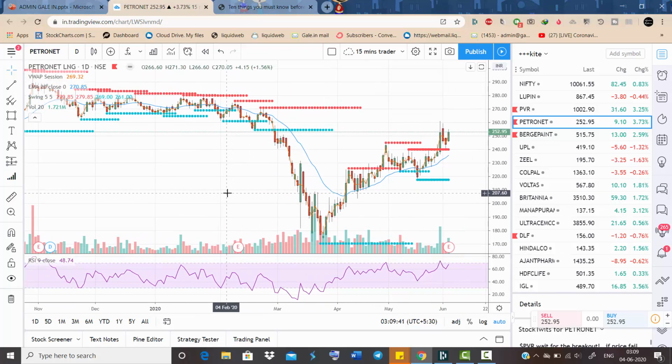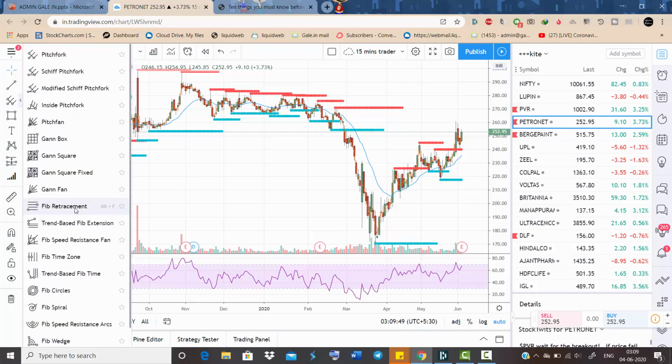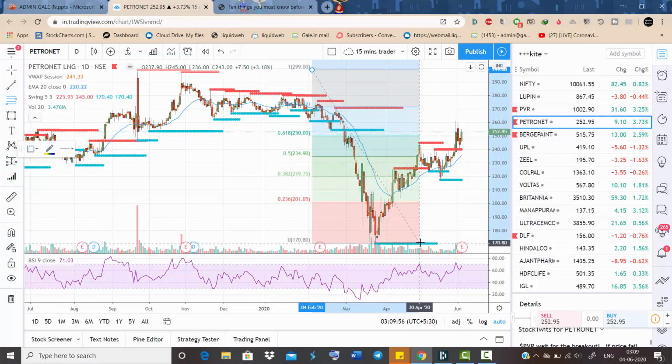So what we'll do in Petronet, the basic daily thing that you need to do, is just connect swing high to swing low.